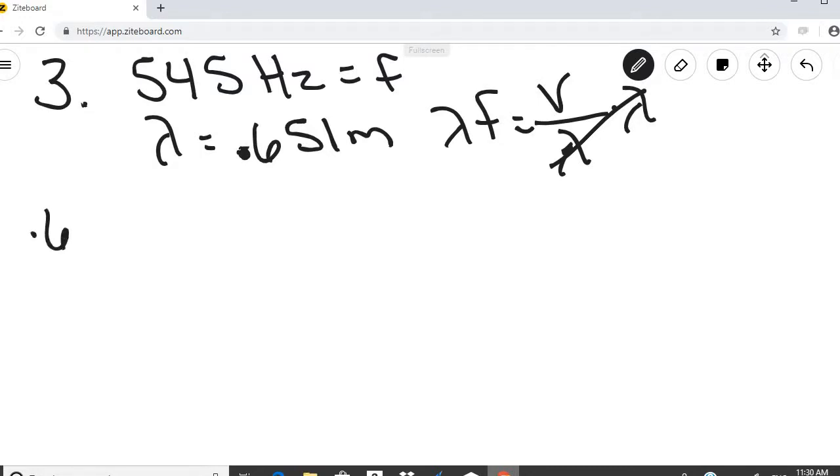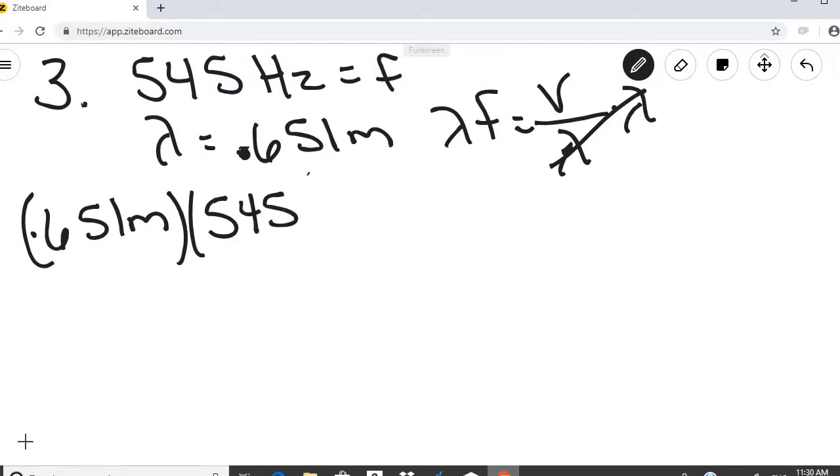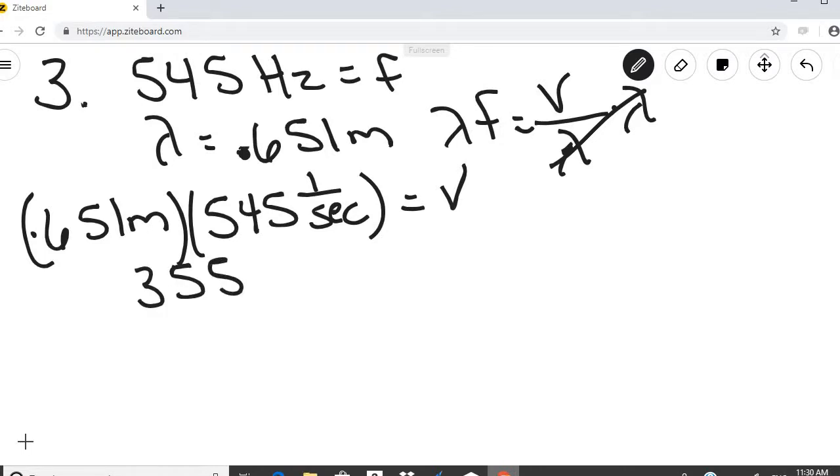So wavelength times frequency will give us velocity. So 0.651 meters times 545 1 per second will equal the velocity. And if we do that, and we can have 3 significant figures, we should get the velocity is equal to 355 meters per second.